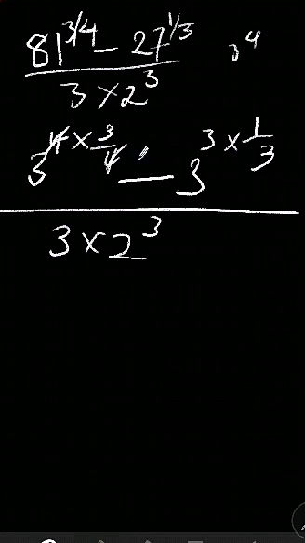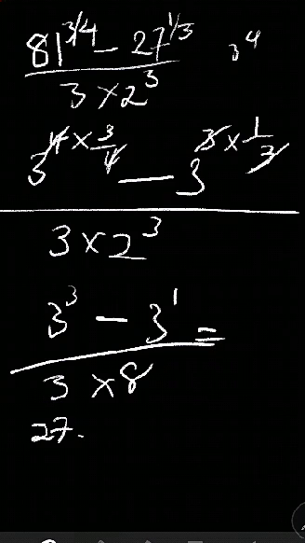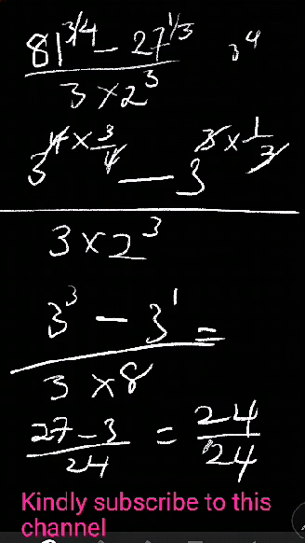So this 4 cancels this 4, this 3 cancels this 3, and we're left with 3 raised to power 3 minus 3 raised to power 1 over 3, times, okay, 2 raised to power 3, that gives 8. So it equals 3 raised to power 3, that is 27, minus 3 raised to power 1, that is 3, over 3 times 8, that is 24. So 27 minus 3 is 24, over 24, and that is 1. So our answer is 1.